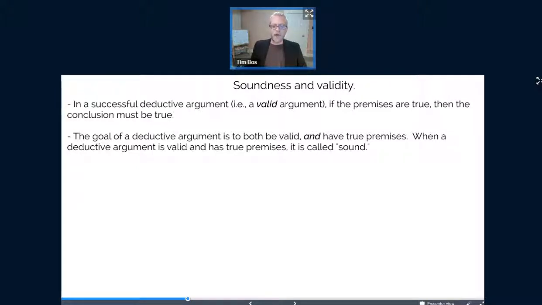So you need to have both validity and truth. And when you have both, the argument is sound. And a sound argument is the best. A sound argument is where it's at because that means you can trust that the conclusion is true, so long as you were correct in identifying the premises as true.